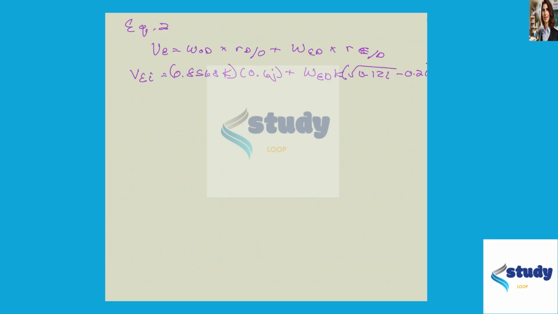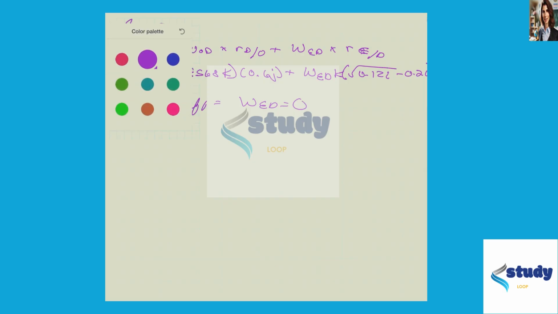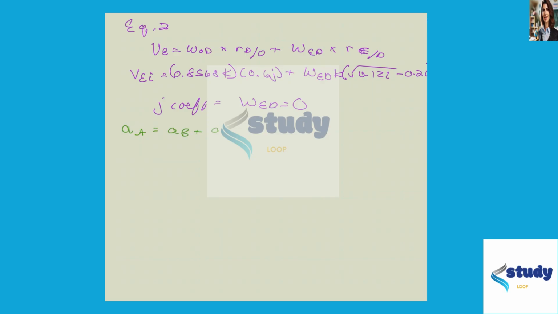Okay, so for the J coefficients, we get this. And then for the acceleration at point A, let's call this equation 3. And then another equation is this one.